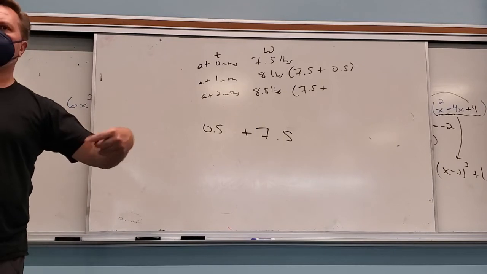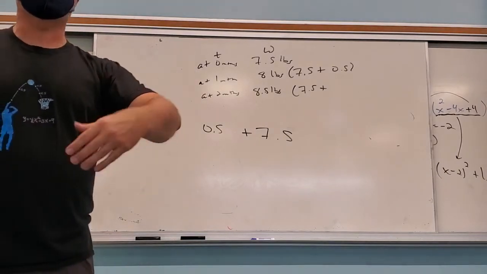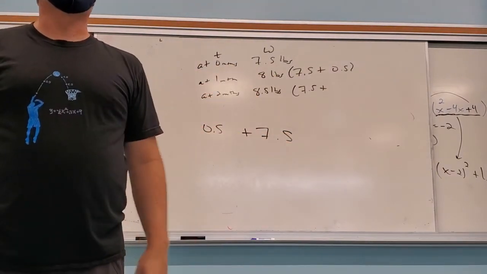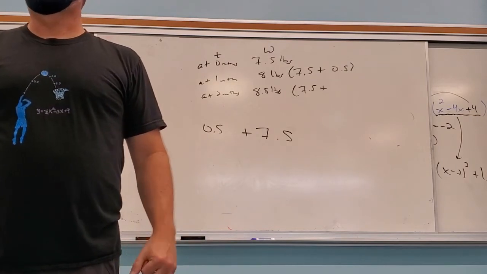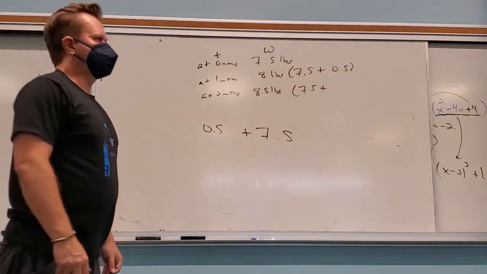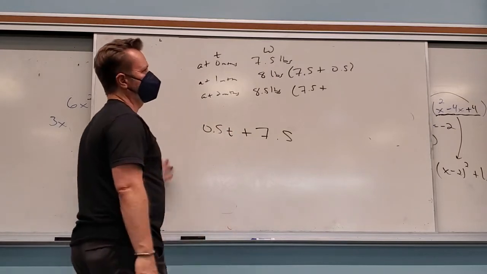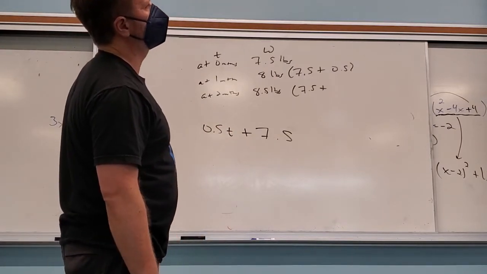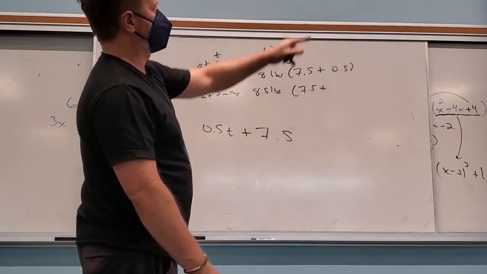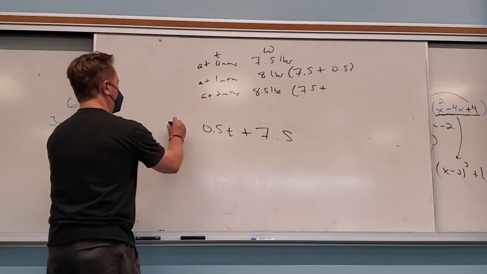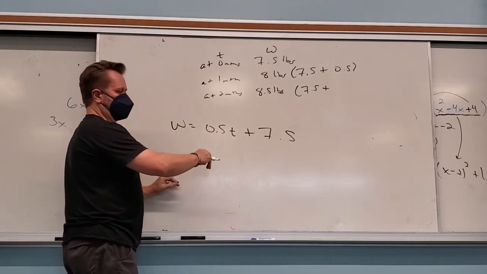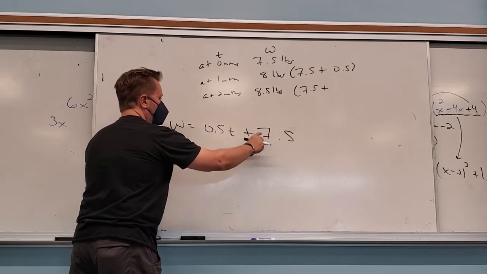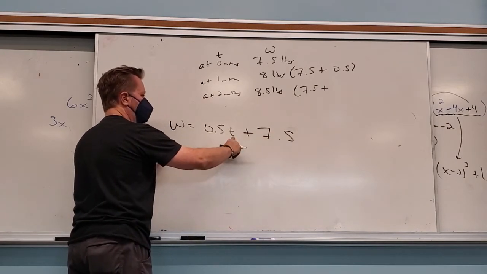How many 0.5 pounds does it gain? Well, you have to tell me how many months it's been, right? 0.5 times T. Did they give us a variable? Yeah, T. So the weight is 7.5 plus 0.5 per month.